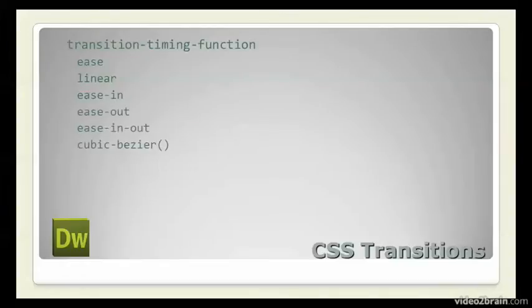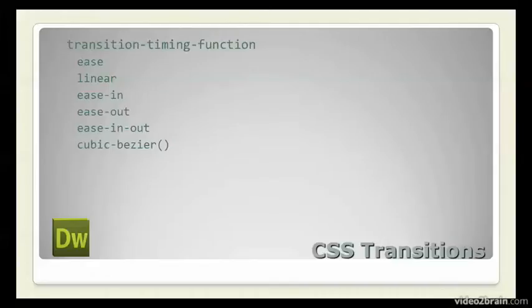The transition timing function takes one of these keywords. Ease means that the transition starts slow, speeds up, and then slows down again at the end. Linear means the transition should be even throughout. Ease in starts slow, speeds up, and maintains the same pace to the end. Ease out maintains a steady pace from the start, but slows down at the end.